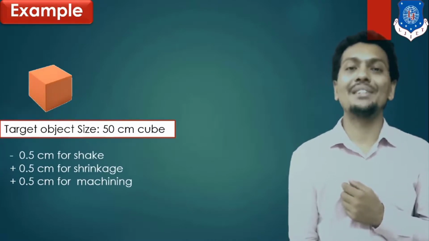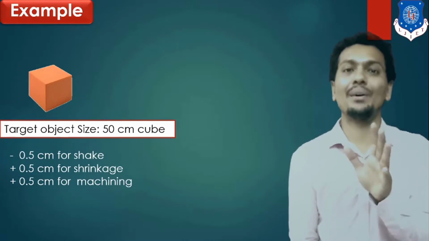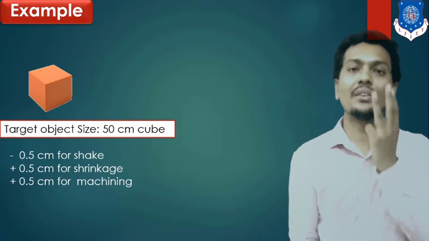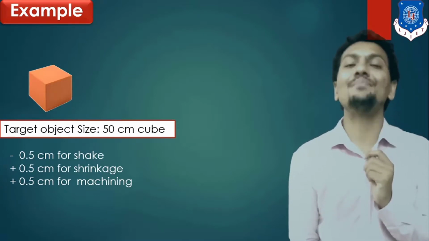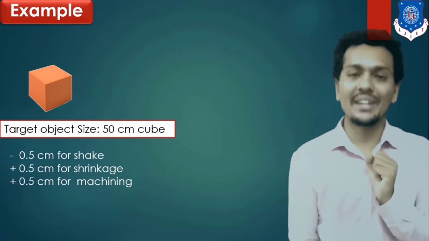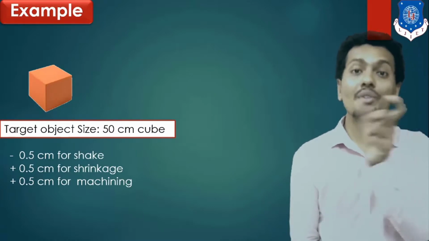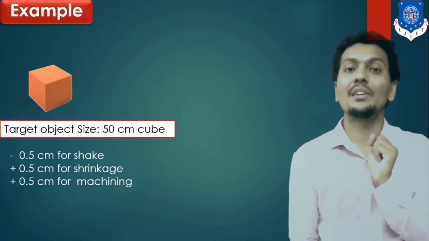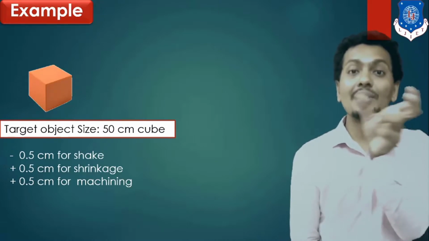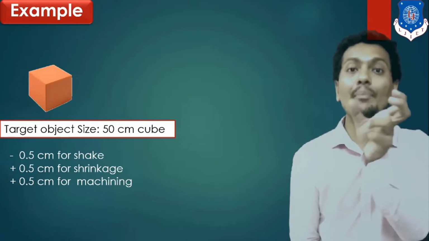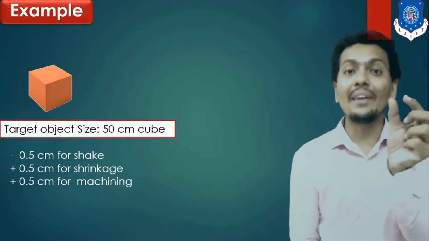So here, for example, if you consider three allowances, the first one is the machining allowance, then shake allowance and shrinkage allowance, right? So for shake allowance, what happens? It is a negative allowance because during this shake and wrapping your cavity will enlarge.